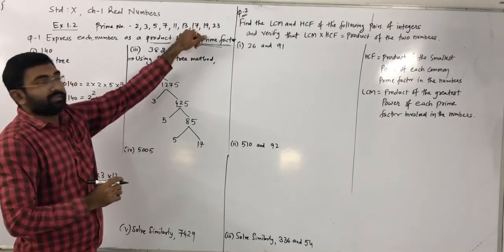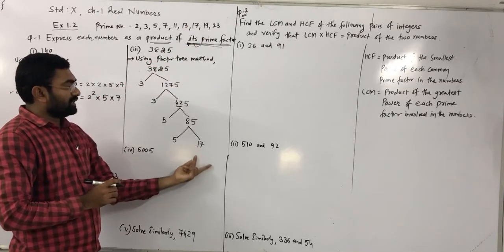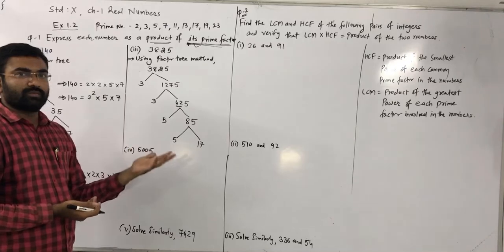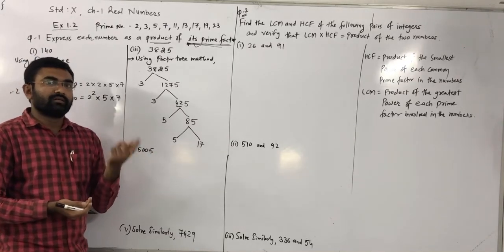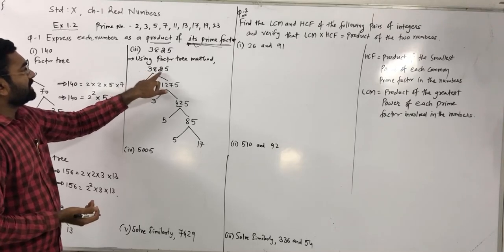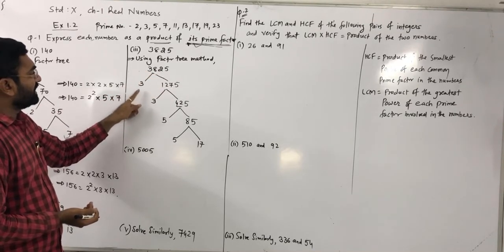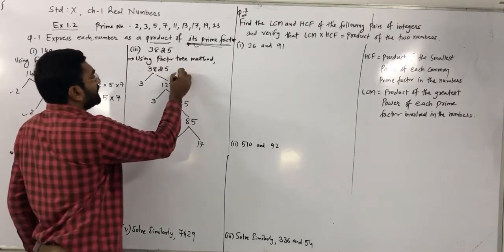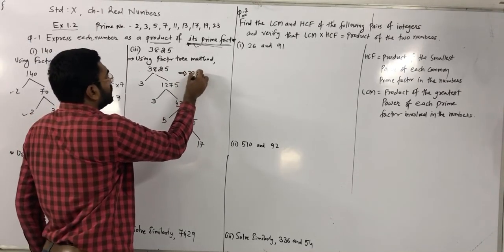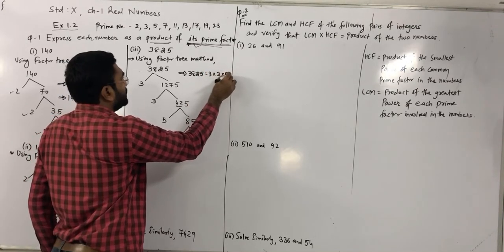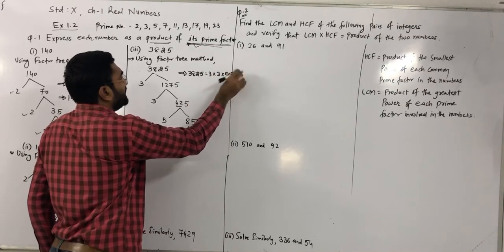Another factors are not possible because a prime number has only two factors, 1 and the number itself. So here 3825's factors we can define as 3 into 3 into 5 into 5 into 17. So we can write the answer: 3825's prime factors are 3 into 3 into 5 into 5 into 17.